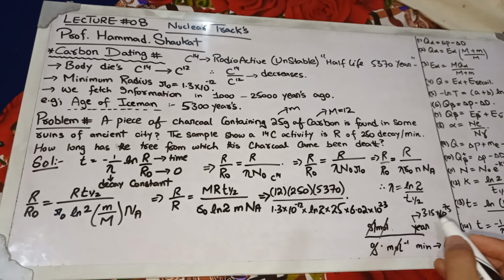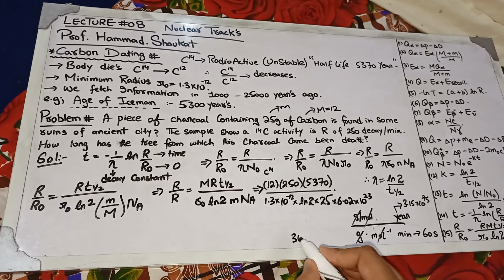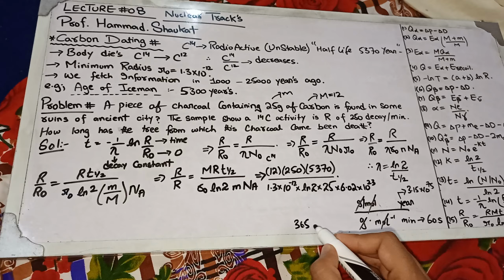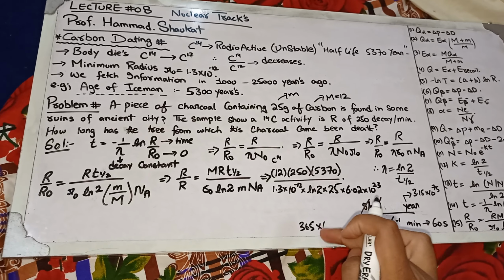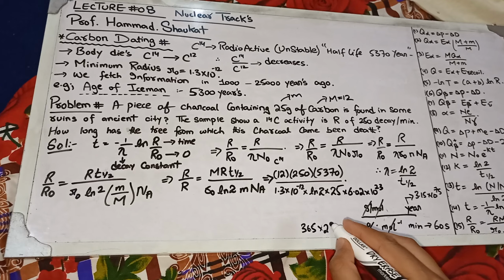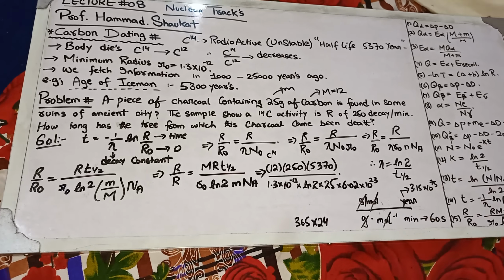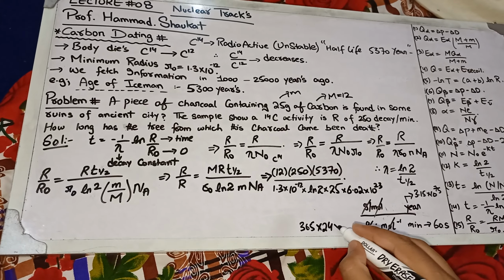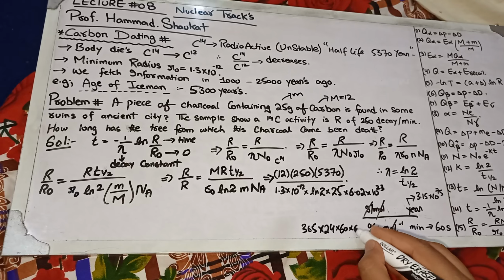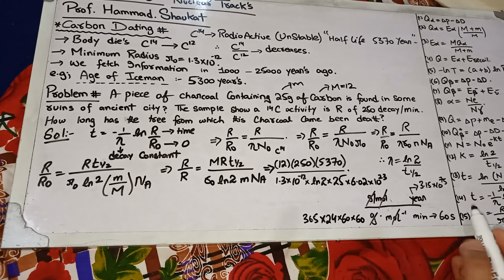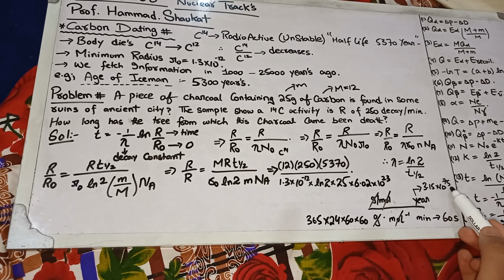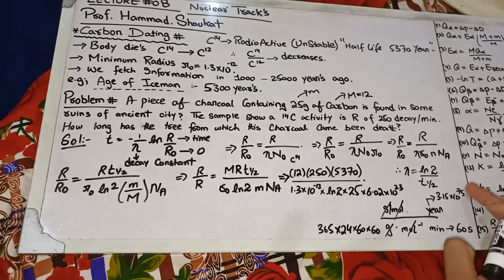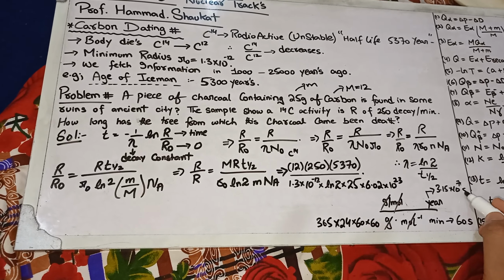You just calculate 1 year has 365 days, multiplied by 24 hours, multiplied by 60 minutes into 60 seconds. After calculating this, you will get 3.15 into 10 raised to power 7 seconds in 1 year.